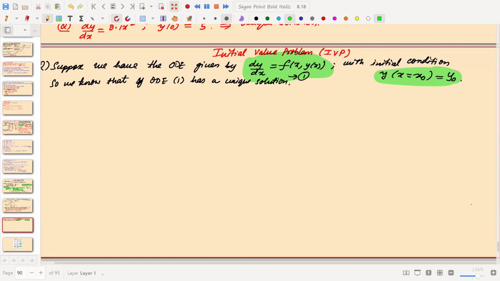Forward difference. So what is forward difference? Tell me.